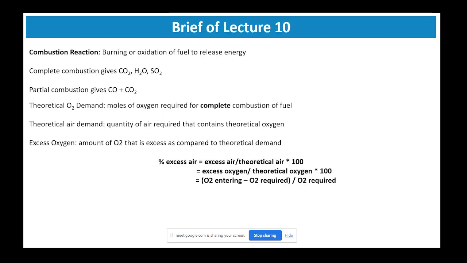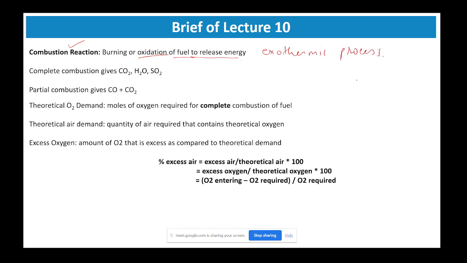Now coming to the next lecture, which is also talking about reactions, where some special types of reactions are discussed, which is combustion reaction. So what does combustion mean? It is nothing but burning or oxidation of fuel to release energy, because combustion is an exothermic process.